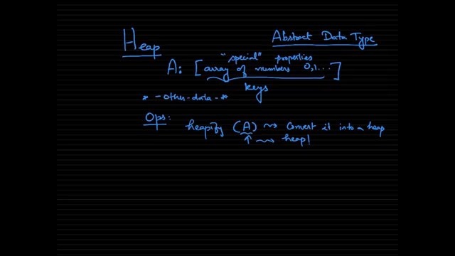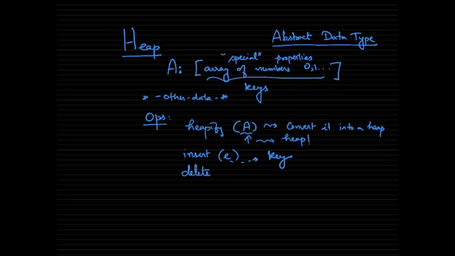What else? We need an operation to insert an element into a heap. Here, when I insert an element, I'm just going to be worried about inserting a number, or a key, not other stuff. That will be taken care of in your data structures class.